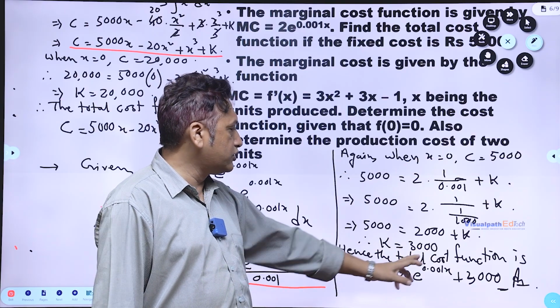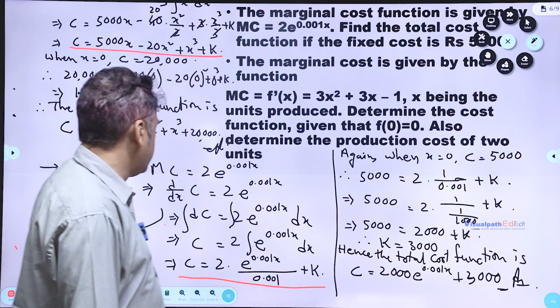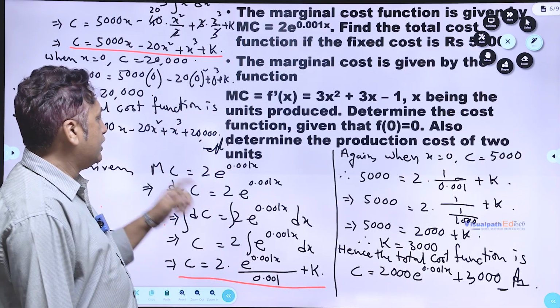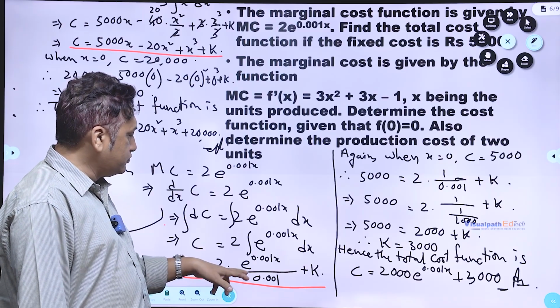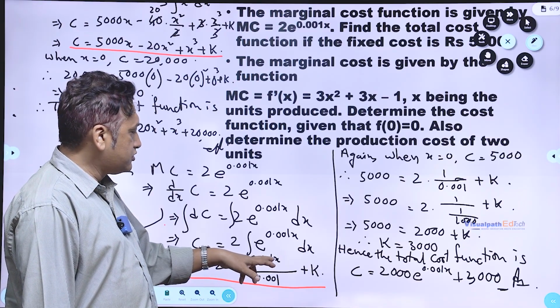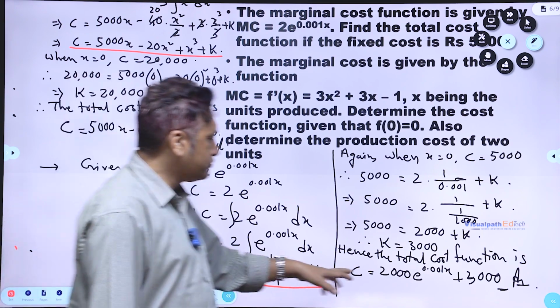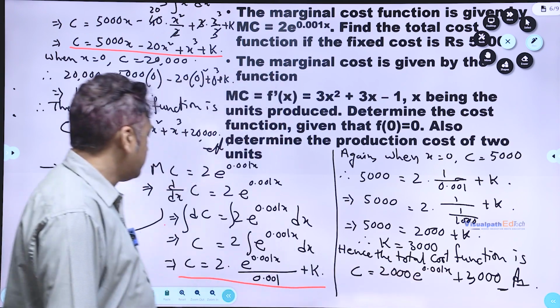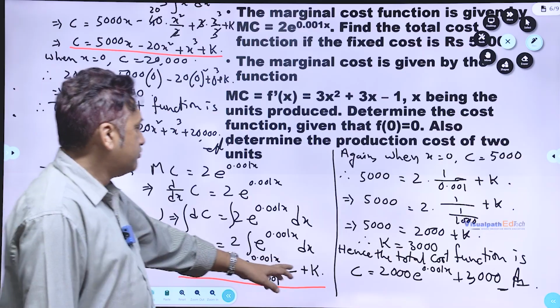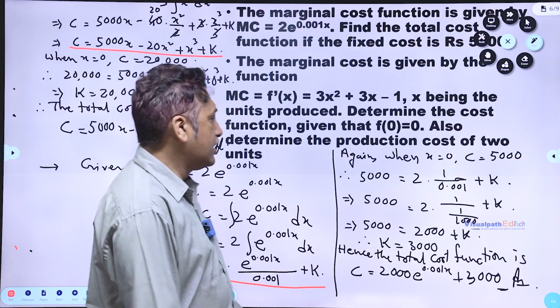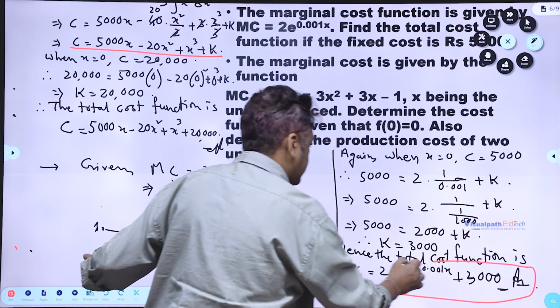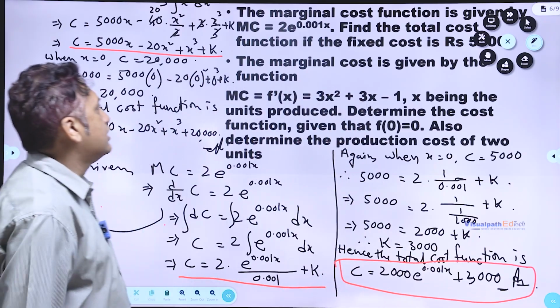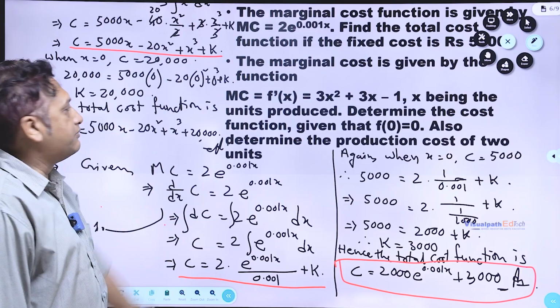So therefore, the total cost function is given by, we'll put it back again in the cost function here. So we'll get C is equal to 2 into e to the power 0.001x divided by this, which is nothing but 2000 into e to the power 0.001x plus k's value, 3000. That gives us our cost function, and hence is the answer of this particular sum.